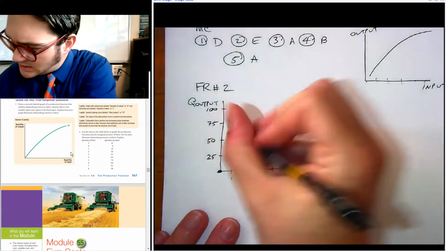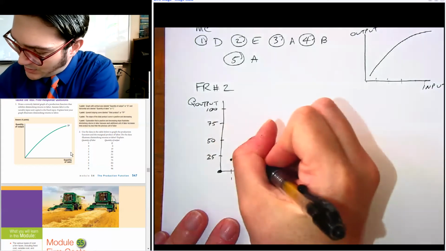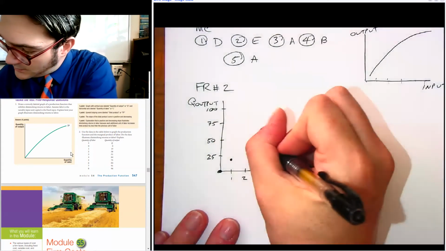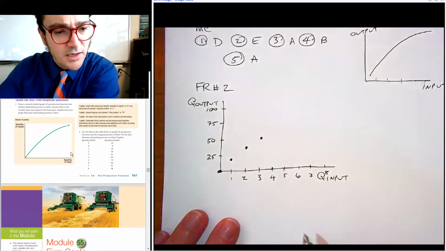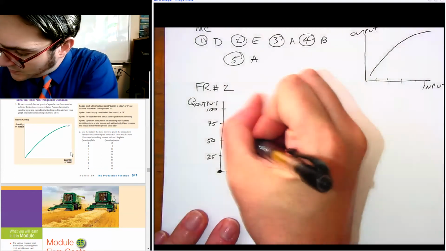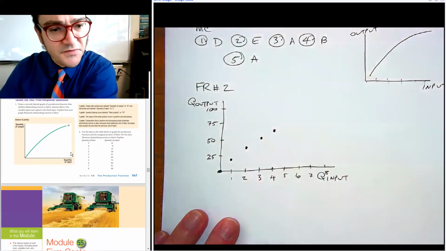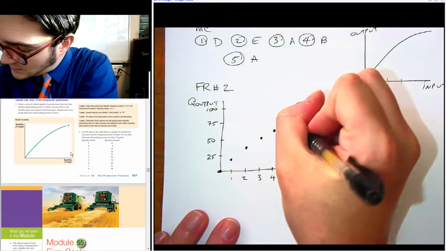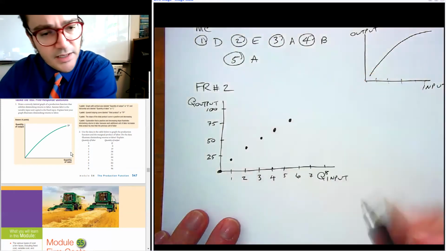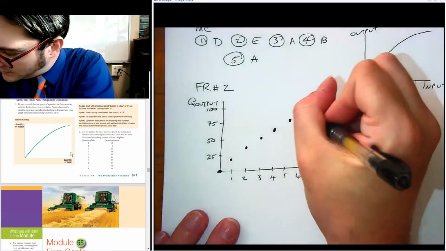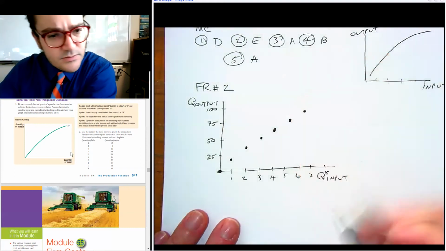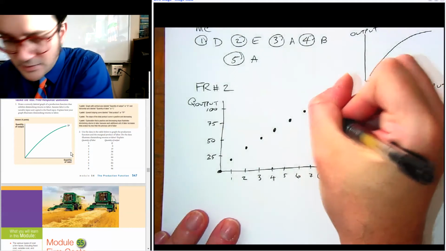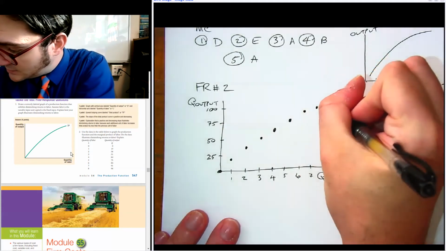2 is at 36, so maybe here. 3 is at 51. 4 is at 64, starting to flatten out. 75, and 84, 91, and 96.